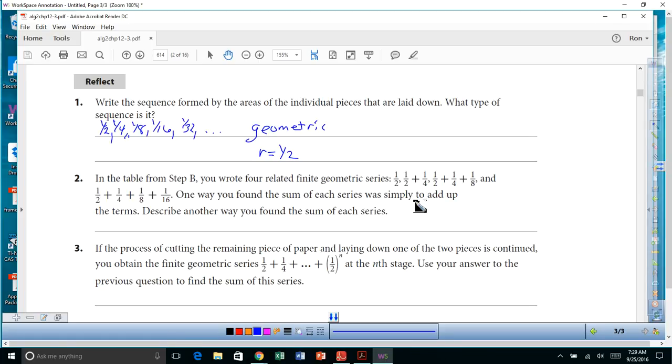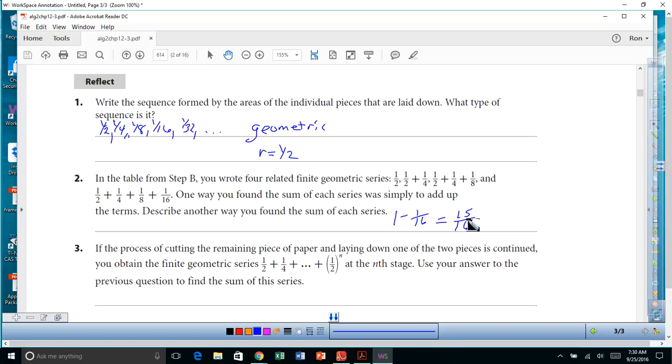Describe another way you found the sum of the series. Well, what was the other way? The right side of the table. We took 1 minus 1/16. That was the last piece that was laid down. And we said that we had laid down 15/16. So we subtracted the last term from 1.